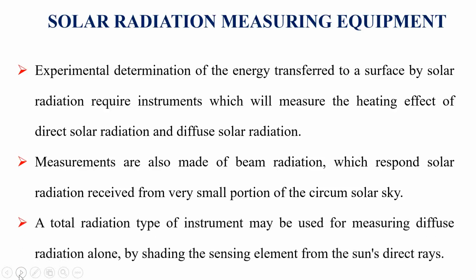A total radiation type of instrument may be used for measuring diffuse radiation by shading the sensing element from the sun's direct rays.